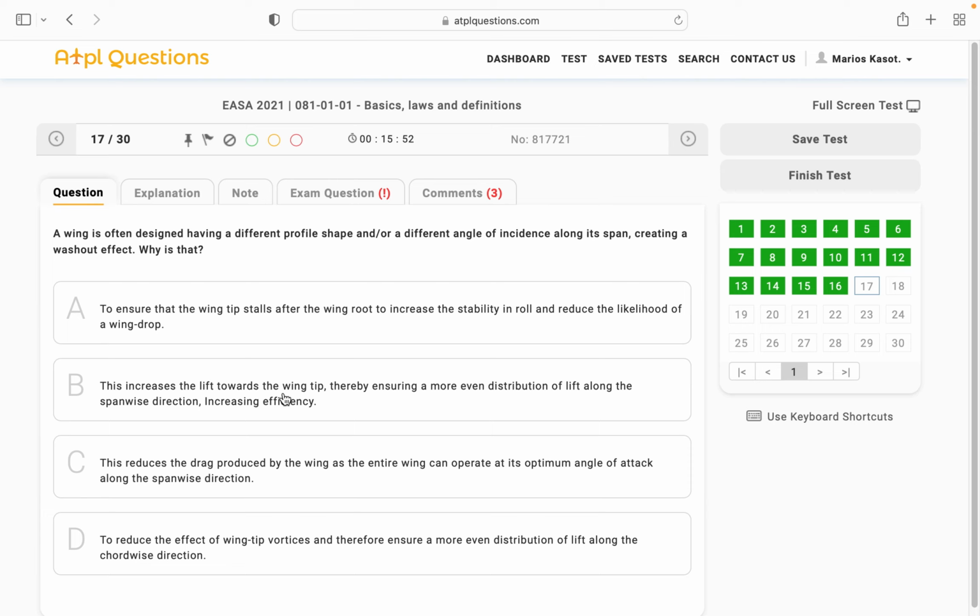The other options: increase lift towards the wingtip, thereby ensuring a more even distribution of lift along the span-wise direction, increasing efficiency. This reduces the drag produced by the wing as the entire wing can operate at its optimum angle of attack along the span-wise direction, and to reduce the effect of wingtip vortices and therefore ensure a more even distribution of lift along the chordwise direction.